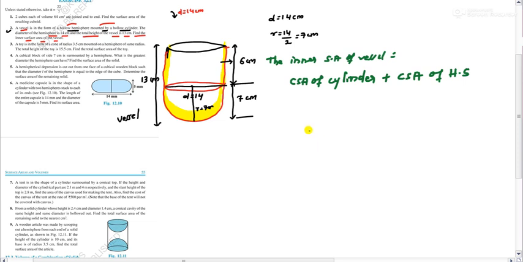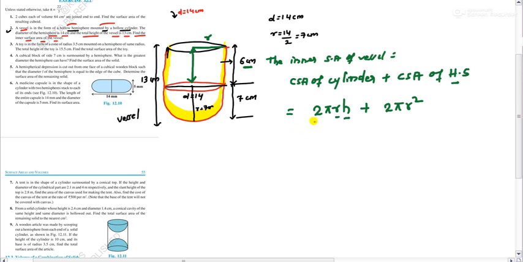Okay. Now, what is the formula of cylinder? CSA of cylinder, it is 2 pi RH, where R is radius of the cylinder, that is base, this part, R. H is height of cylinder. So it means from here to here, which is 6 centimeter. Now, plus CSA of hemisphere, it is 2 pi R square. Okay, so you have to write like this. Then you have to see, can you take anything common there?